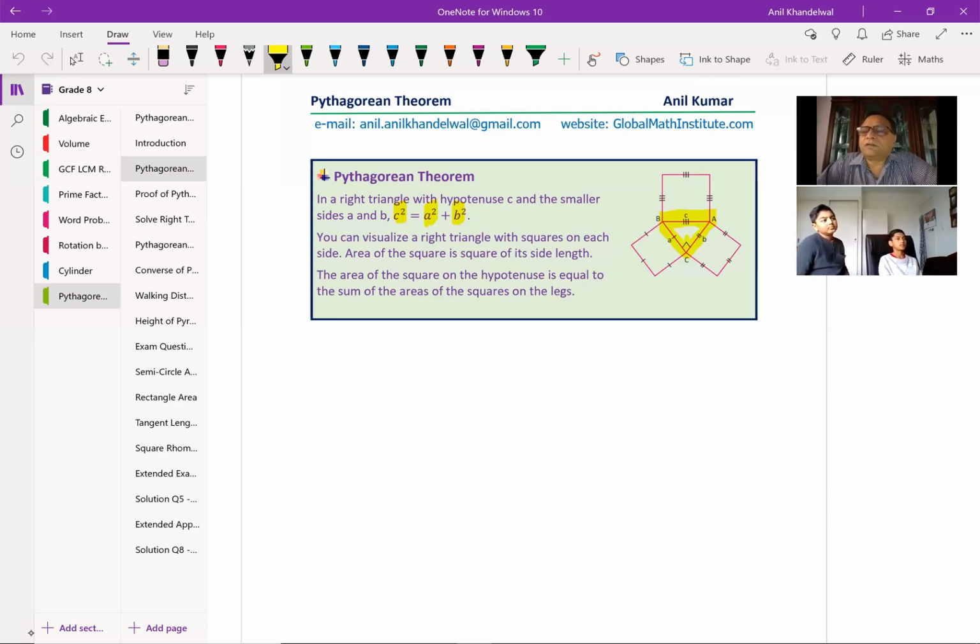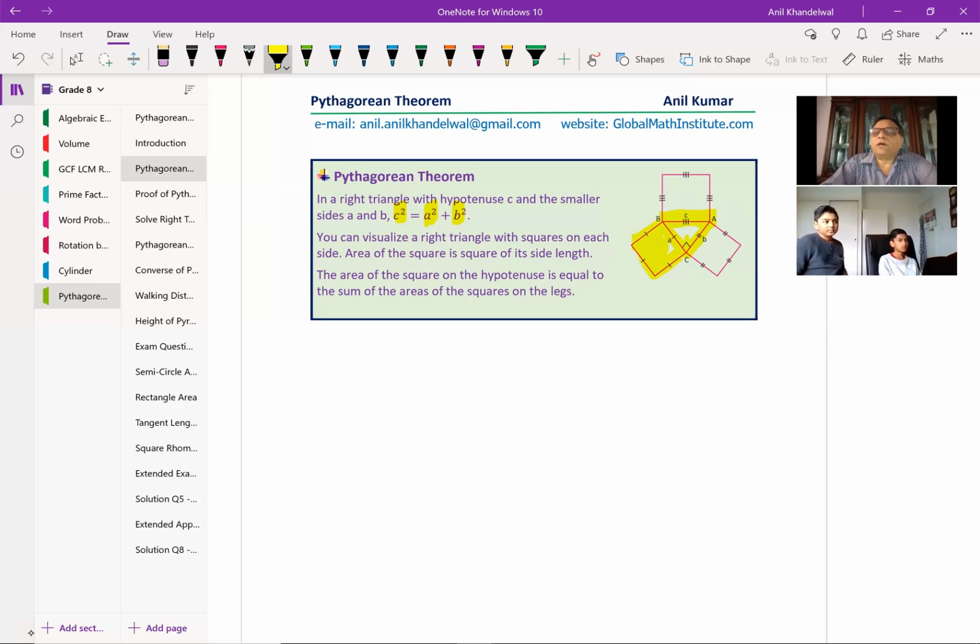What is the area of a square? Can you tell me, Arav? If a is the length of one side, what is the area of the square? A squared. A times A. A square. So on a, if I make a square like this, the area of this square is a square, right?